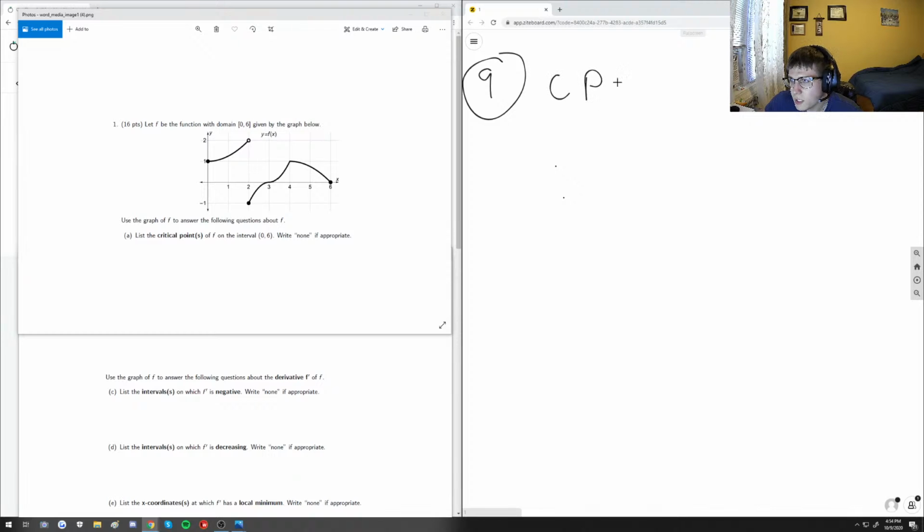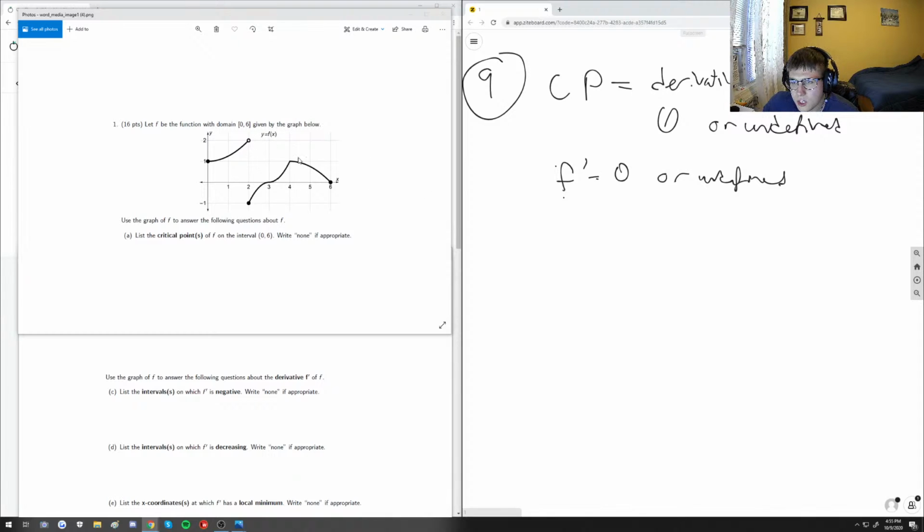A critical point means that our derivative is 0 or undefined. So that means that f prime is equal to 0 or undefined.